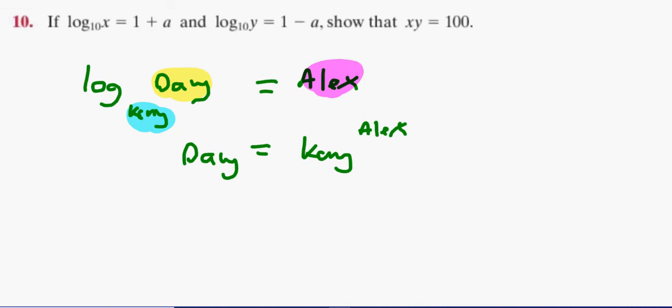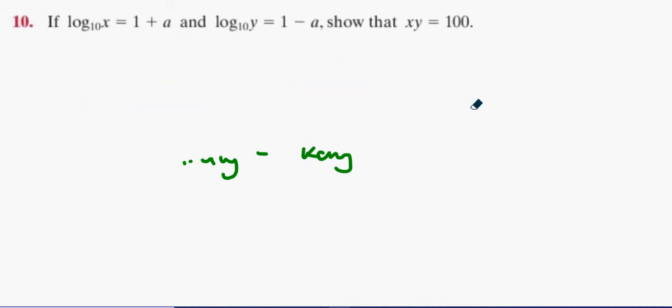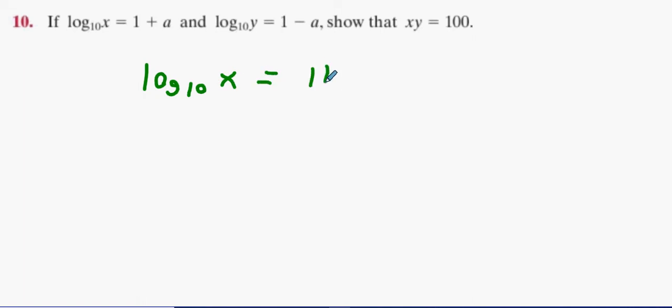Let's try this with the same system. I want to get x on its own. How do you get x on its own? If I have log x base 10 equals 1 plus a, what can you tell me x is on its own? Nope. 10 to the power of 1 plus a. Likewise, what can you tell me y is on its own? 10 to the power of?